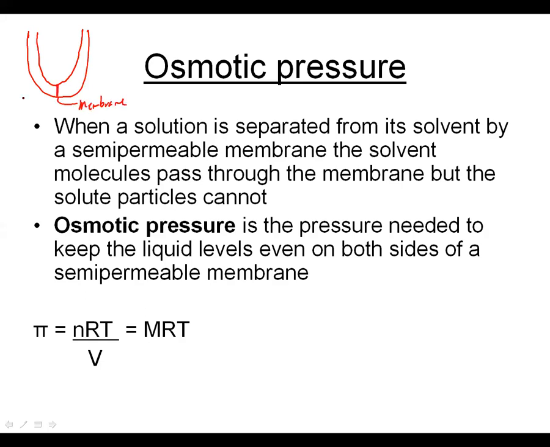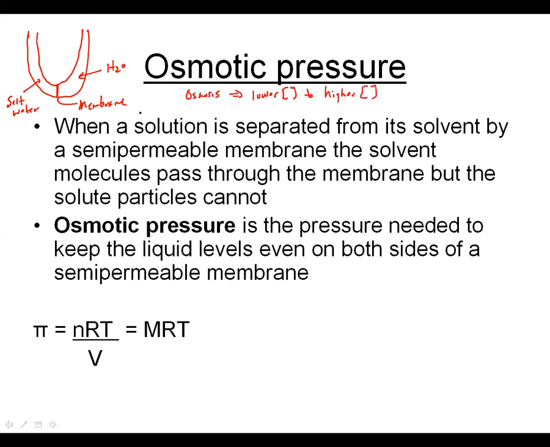And on one side, let's just say you had salt water. And on the other side of the membrane, you had just pure water. Right? And basically osmosis is the passage of water from a lower concentration, which is what the little brackets mean, to an area of higher concentration.